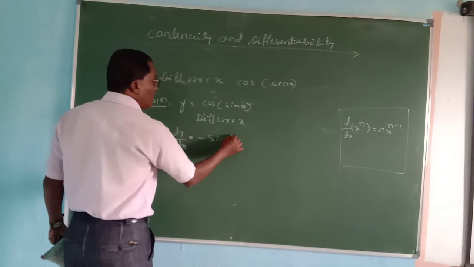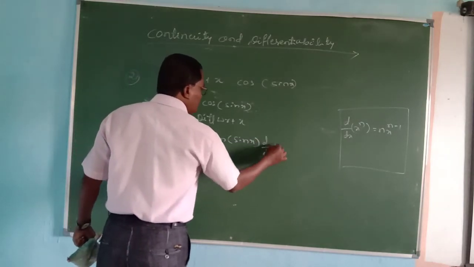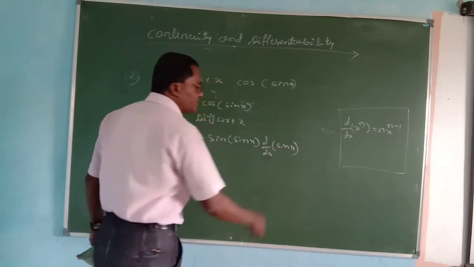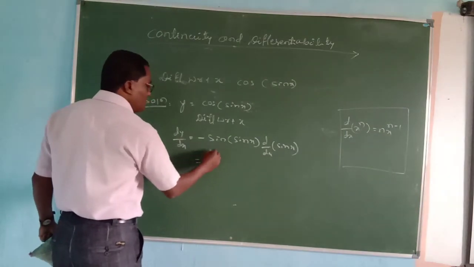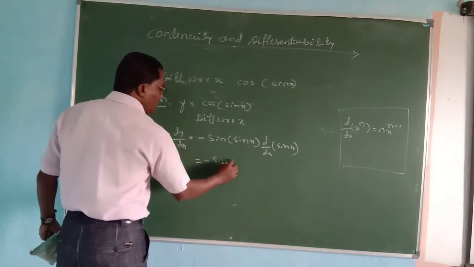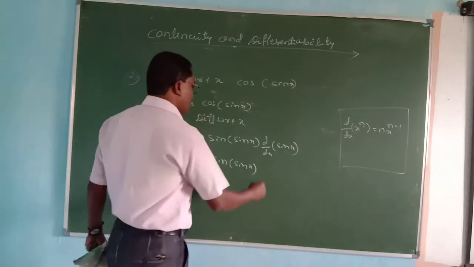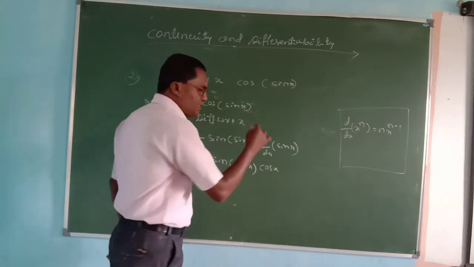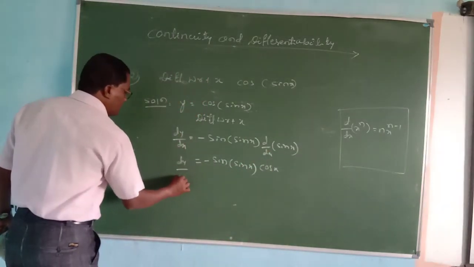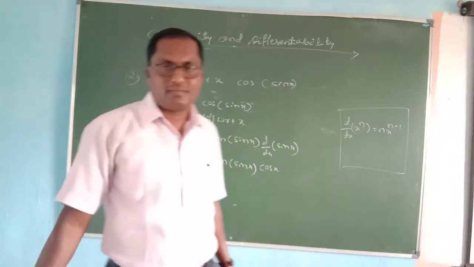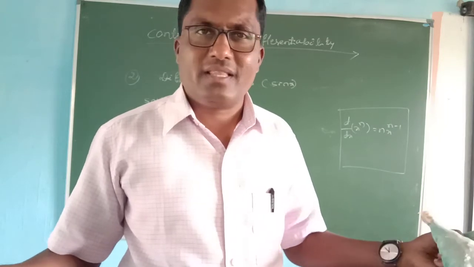Minus sin of sin x into differentiation of sin x. Okay? Yes. That is equals minus sin of sin x. What is differentiation of sin x? Cos x. You write this one. Therefore, dy by dx is equals this. Okay, friends? Yes? Simple.